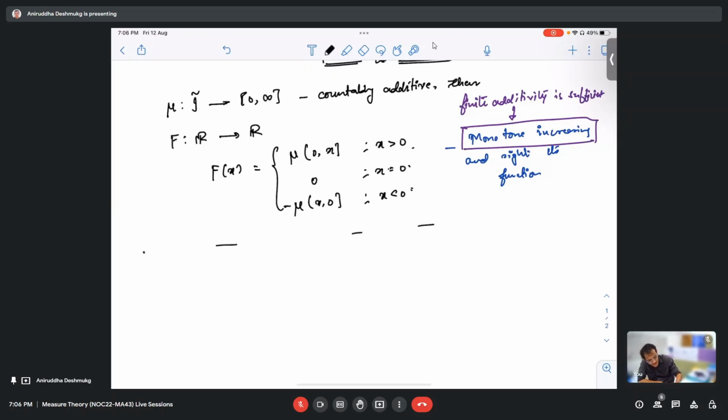Okay, so a dyadic number is of the form m by 2 to the power n, where m and n are integers.